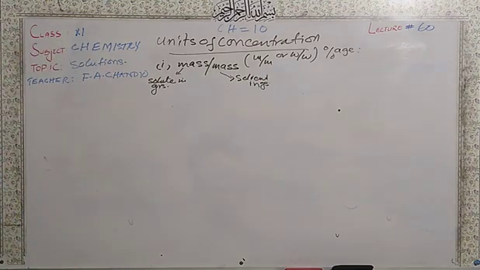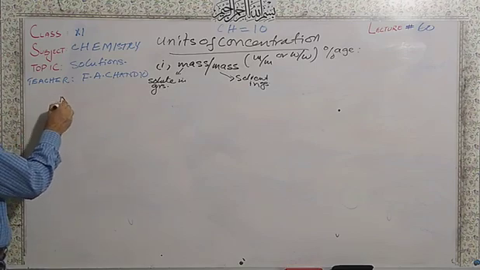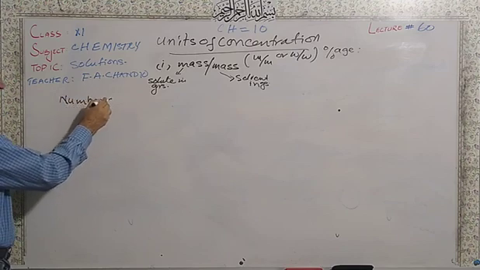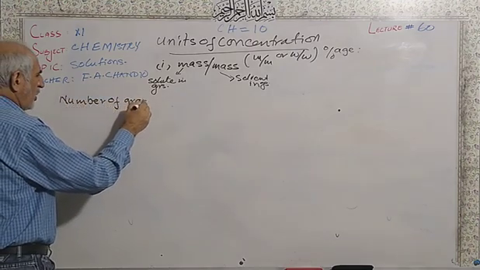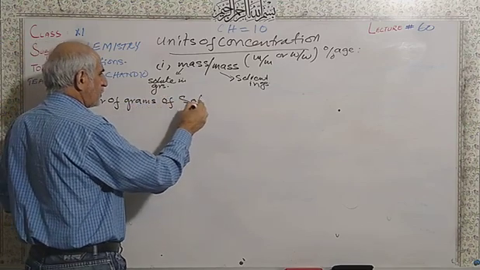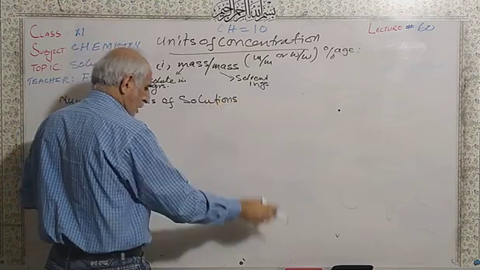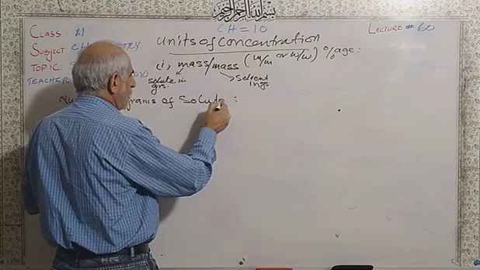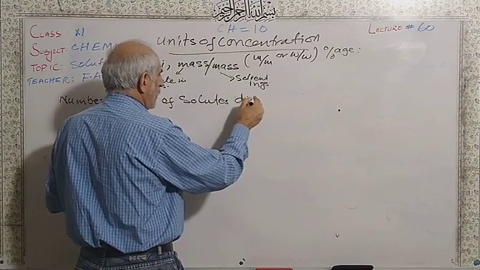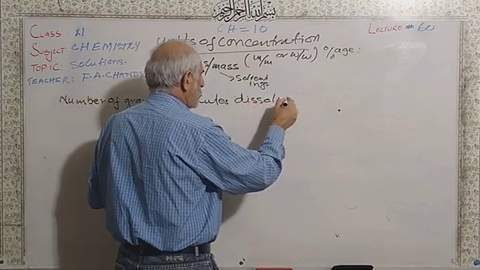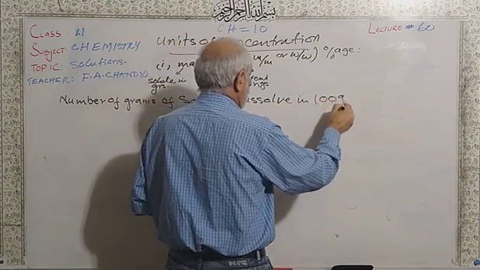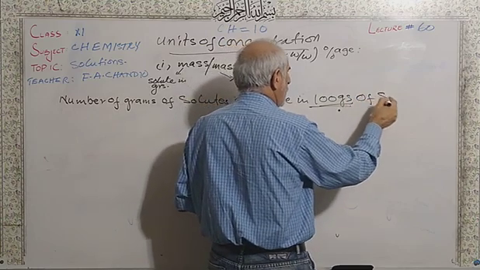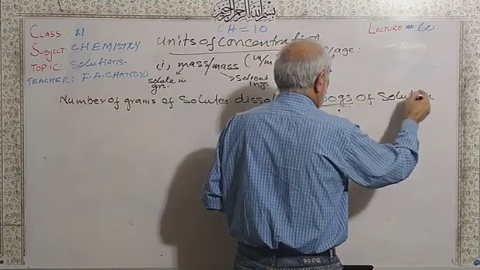So when you are going to prepare a mass to mass or W over W percentage solution, how do we define it? The number of grams of solute dissolved in 100 grams of solution.